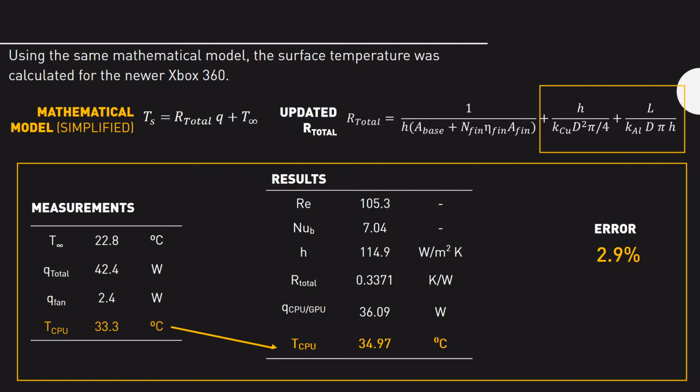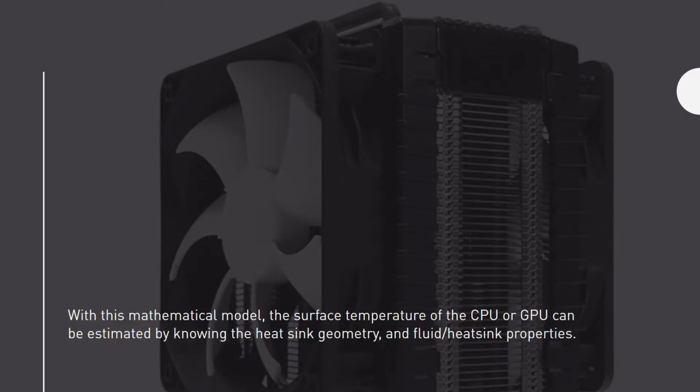Again, not having to make that assumption on how much power was drawn by the CPU, since the CPU and GPU were together, it made the error diminish by that much.